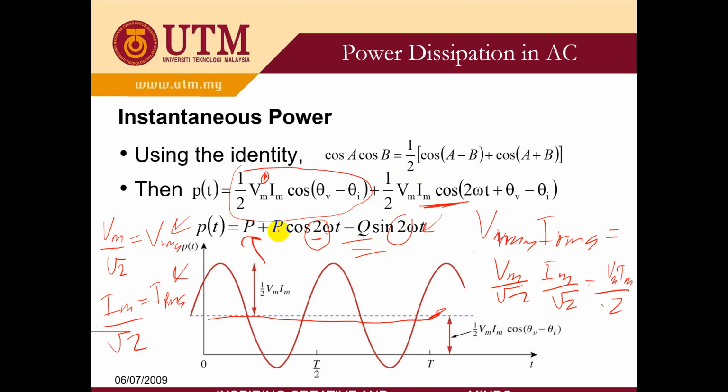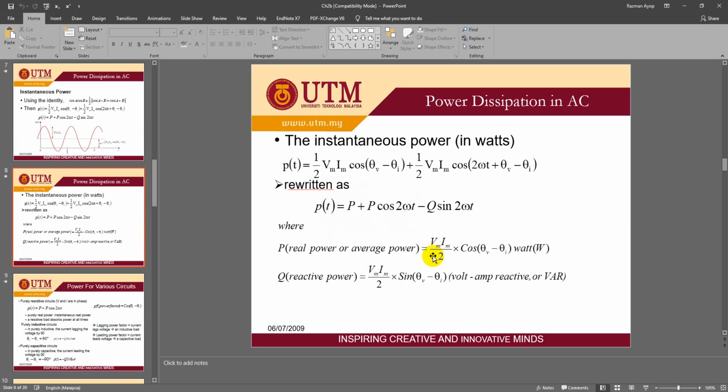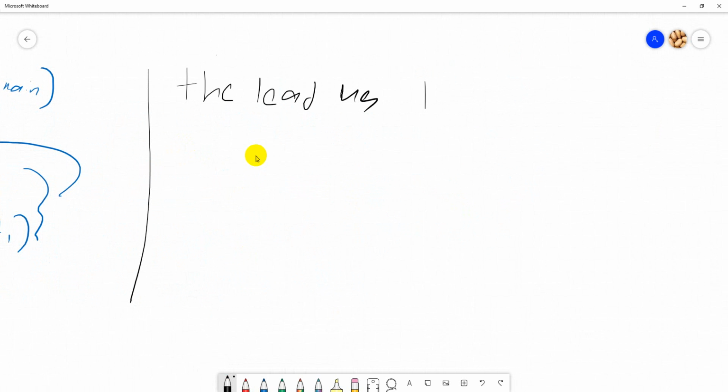For example, they give the power and they give the frequency, and ask you to find the instantaneous power. So let me give you an example. For example, the load uses 1000 watt.